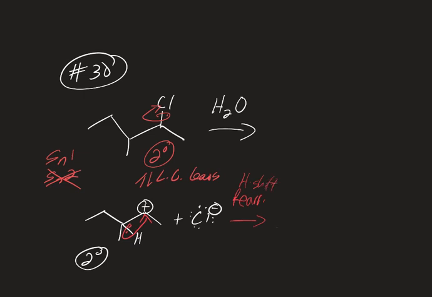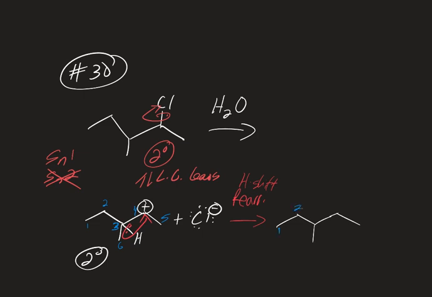So what happened? One carbon lost a hydrogen, one gained a hydrogen. If we go 1, 2, 3, 4, 5, 6, which carbon lost a hydrogen? 3 did. Carbon 4 got a hydrogen.